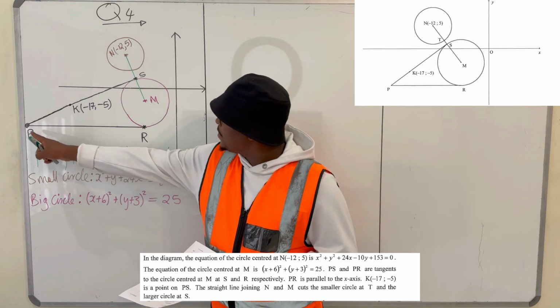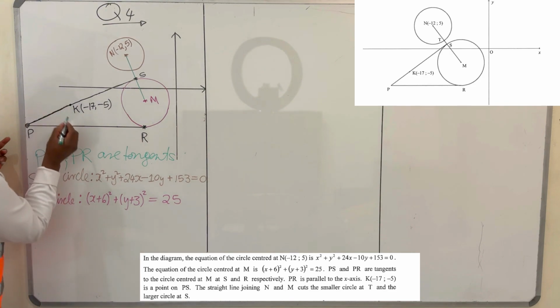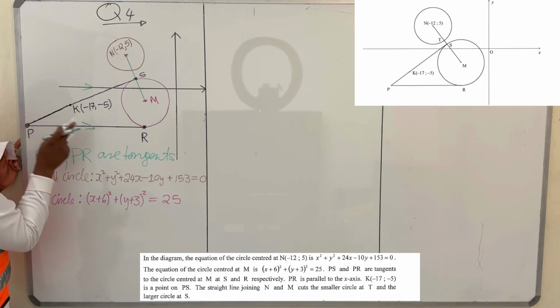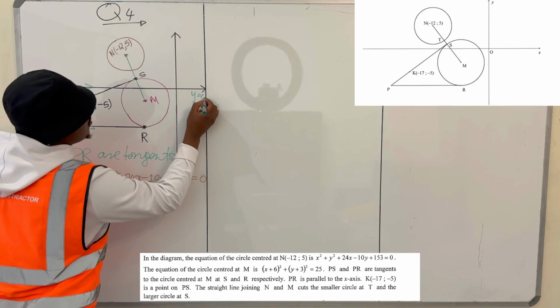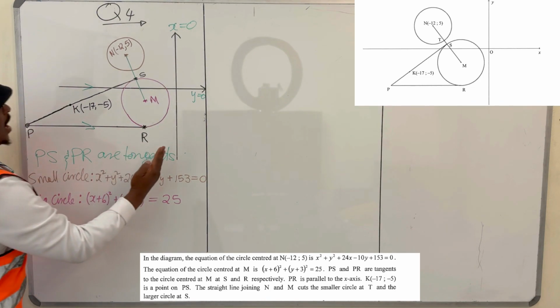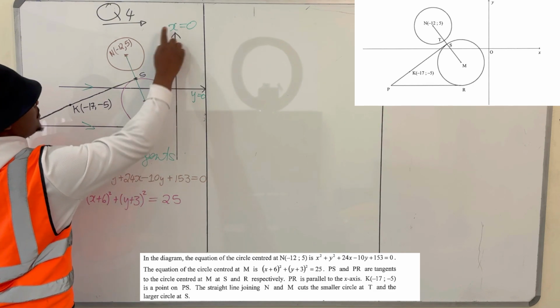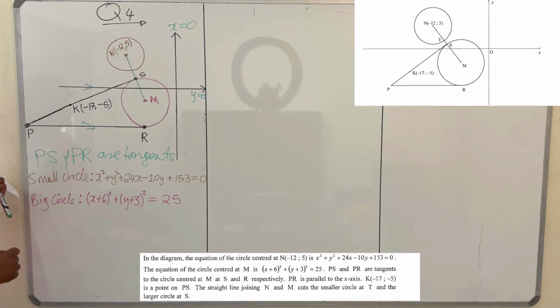No problem. And then they went on to say, PR is parallel to the x-axis. What is PR? PR is one of the tangents, and it's parallel to the x-axis. What does that mean? It means that PR has the same orientation as the x-axis. The x-axis is horizontal, so this is y is equal to 0. On the x-axis, y is 0 the whole time.